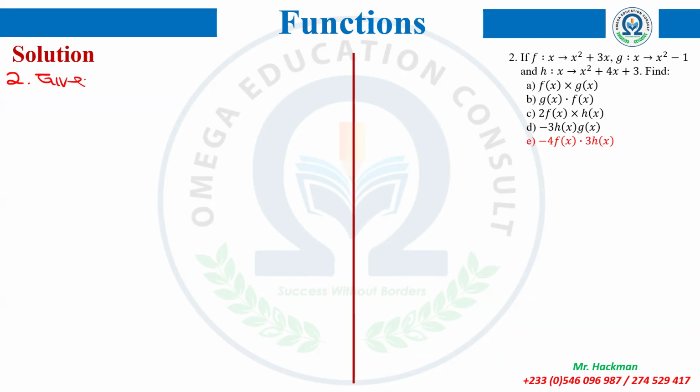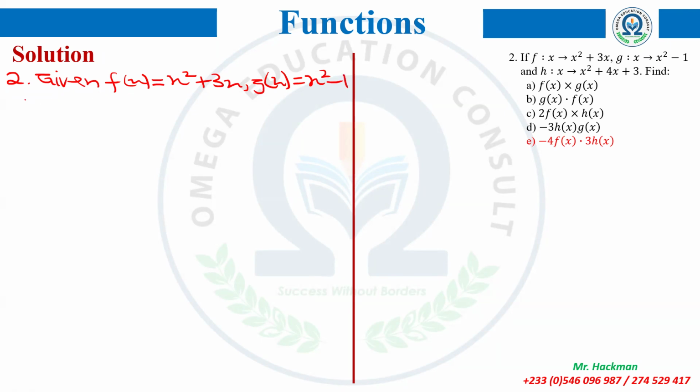The functions came in the mapping form, but you extract them in the relation form. So I will have f of x equal to x squared plus 3x, then comma, my g of x is equal to what? x squared minus 1.